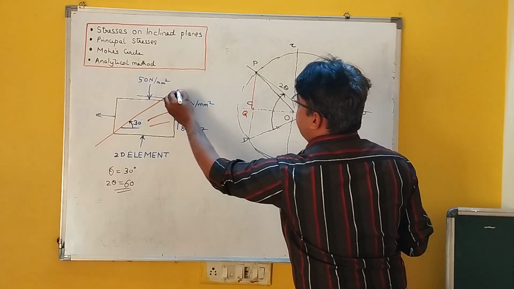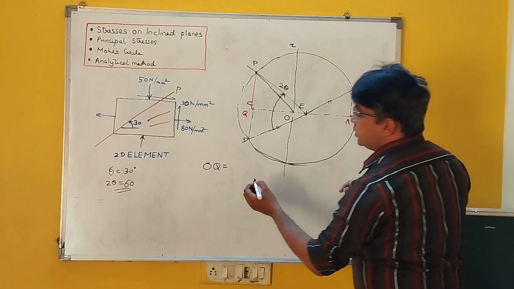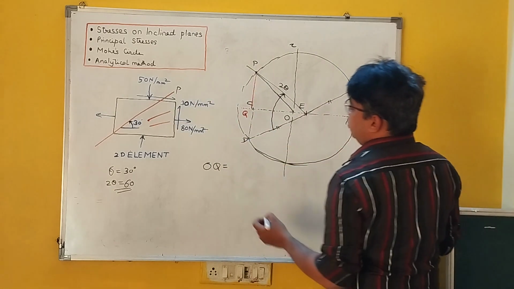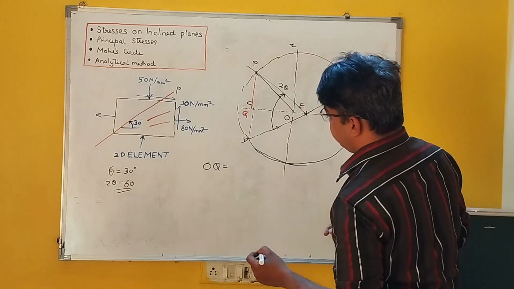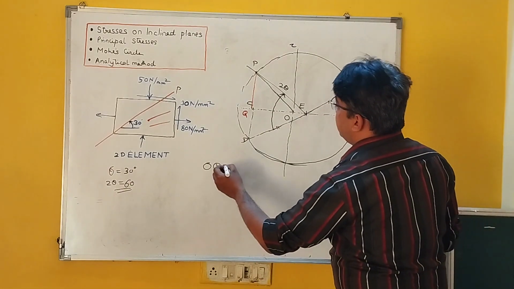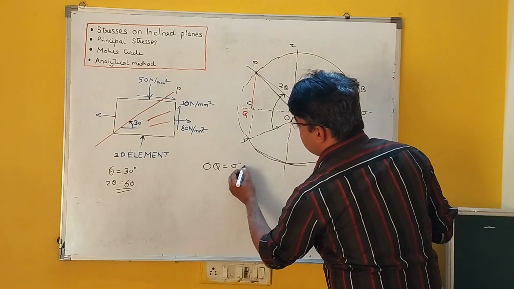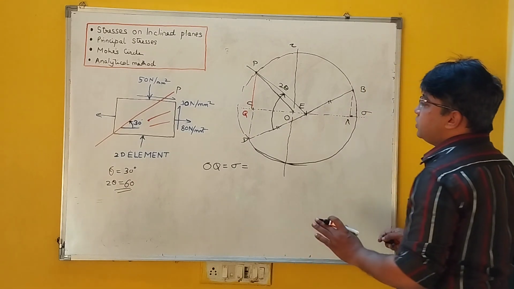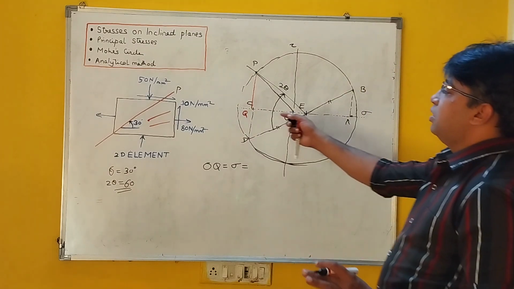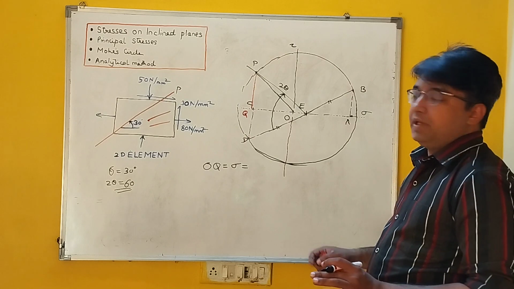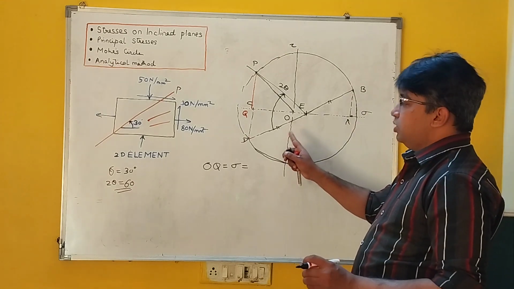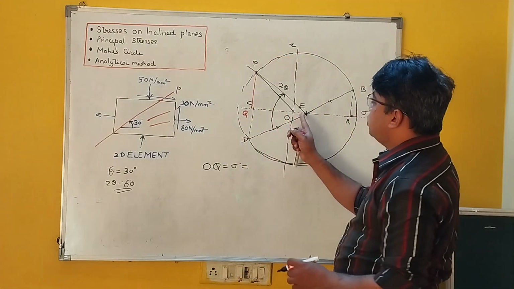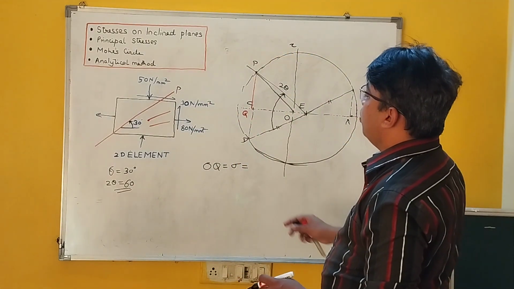Let us say this is plane P. So OQ is equal to sigma on that plane, and by common sense we can easily judge that it is compressive in nature. The normal stress acting over here is compressive in nature because it is towards the left of O.